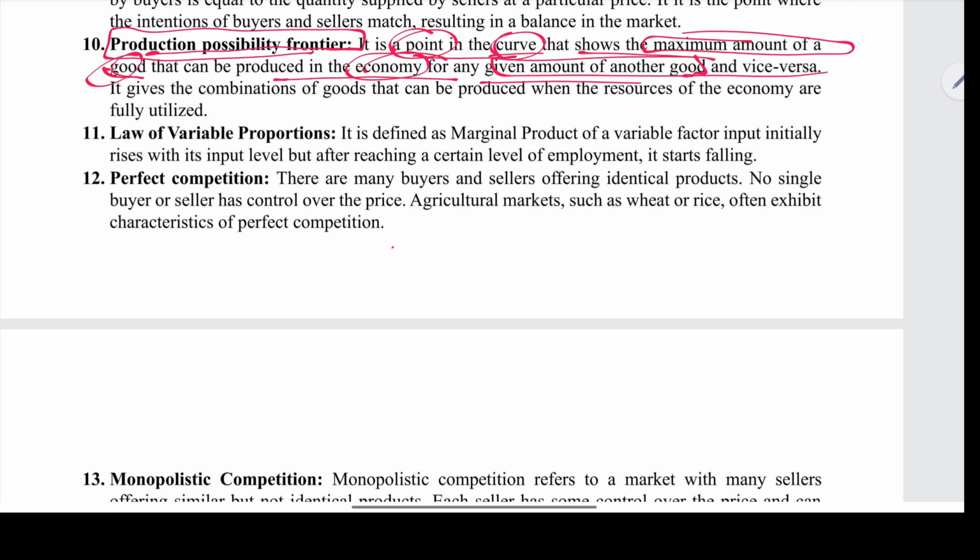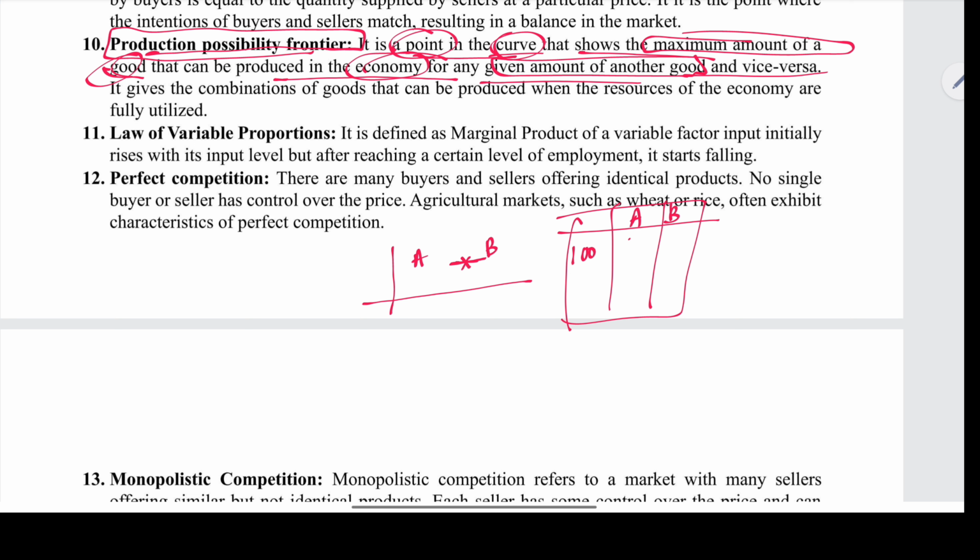Right. We have a curve. It shows the maximum amount of A that can be produced in an economy for any given amount of another good, B. Say we have a budget of 100 rupees. We have A and then we have B. A costs 20 rupees and B costs 10 rupees.